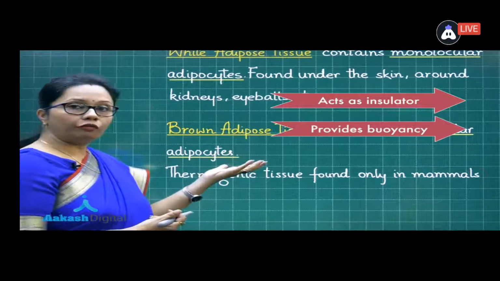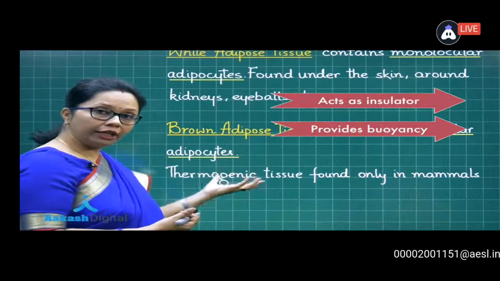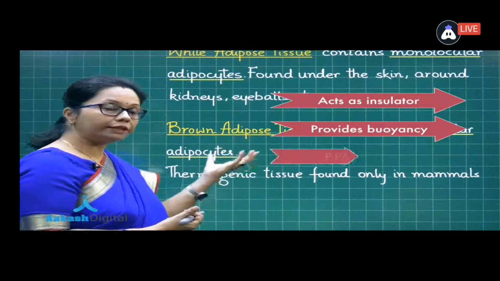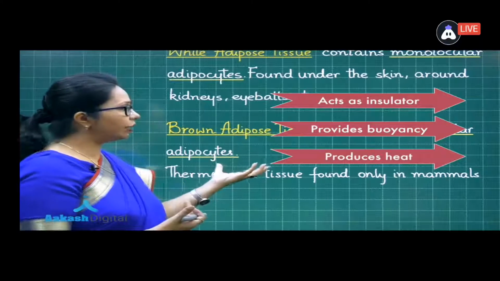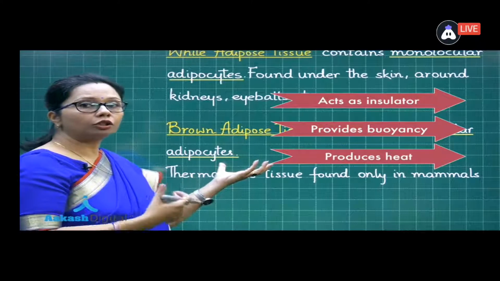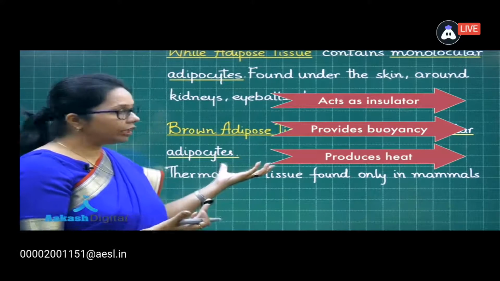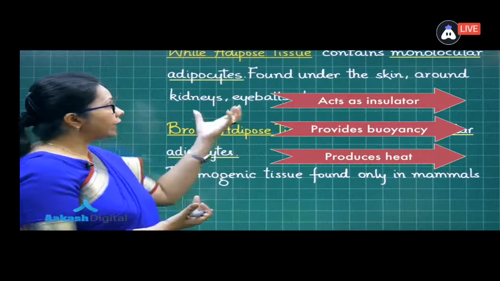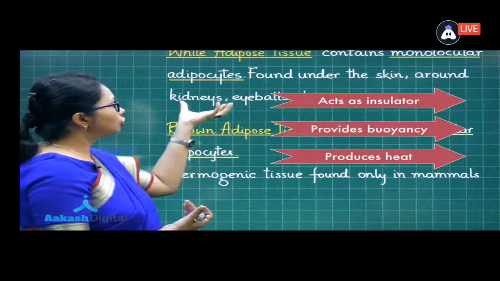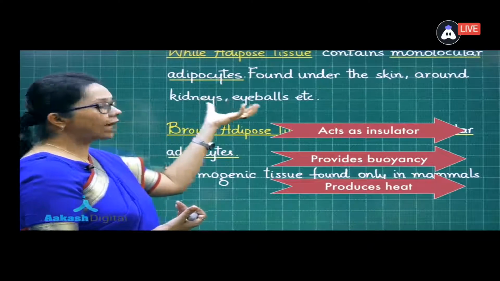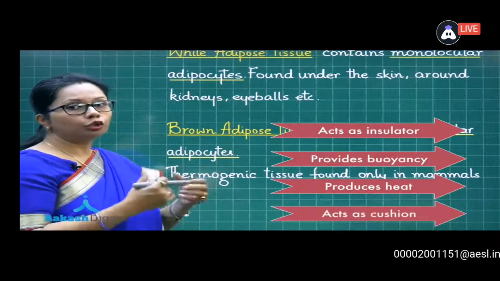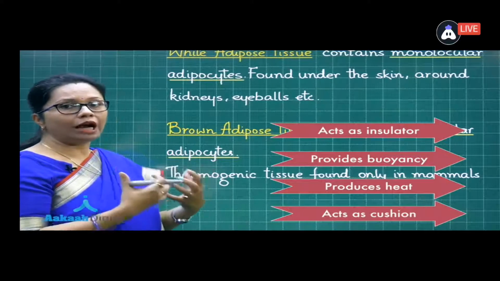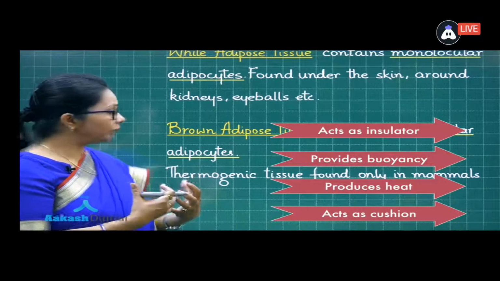The other thing is its thermogenic nature, providing sufficient heat in newborn babies and hibernating mammals, which are not doing much work to generate heat. Then it is present around organs like kidneys and eyeballs, forming a cushioning layer to protect these delicate organs from external shocks.